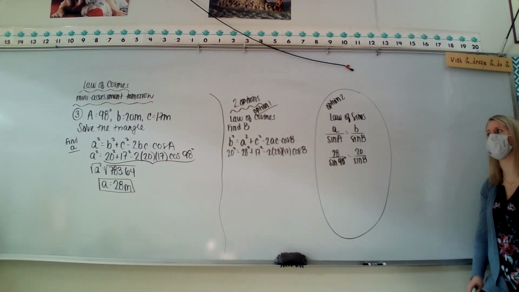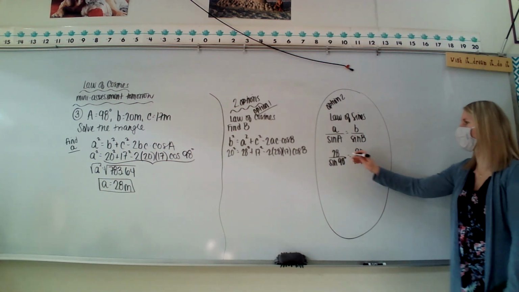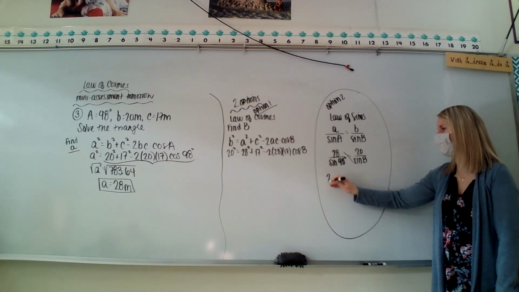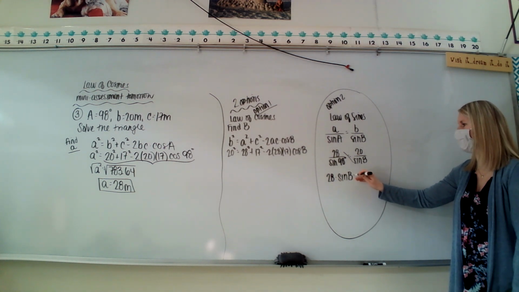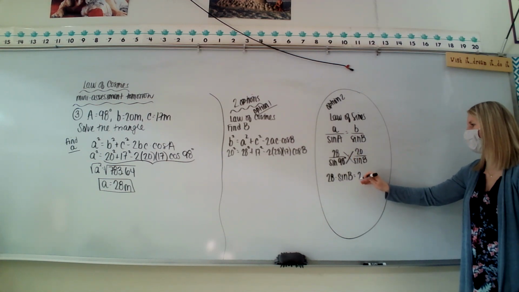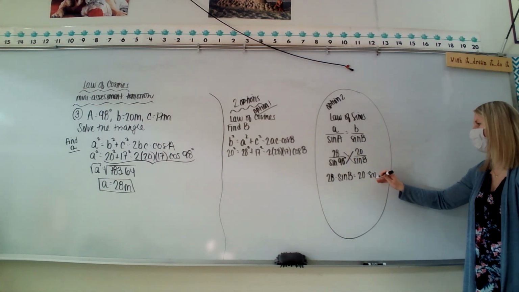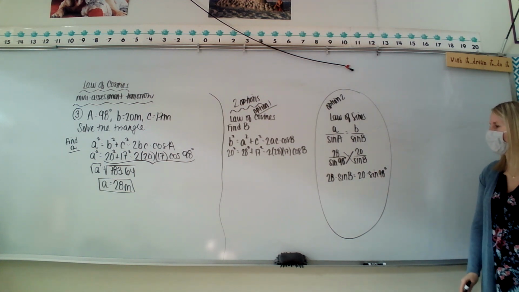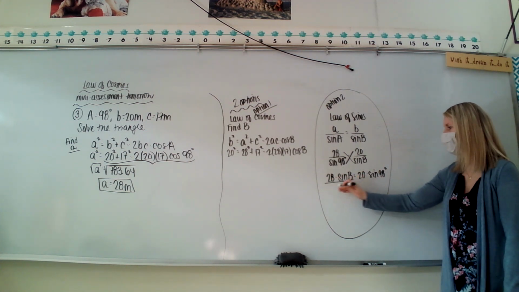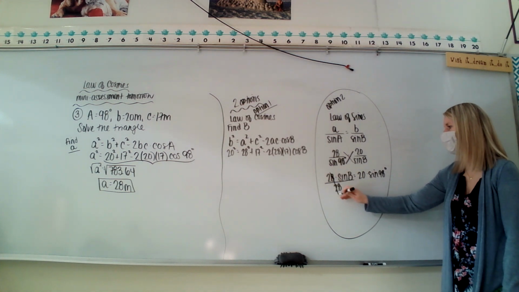I'm going to do law of sines though to find it, because I can just cross multiply. We got used to this previously. We did this first in this chapter, and then we started law of cosines. So when I cross multiply, and then I'm going to divide, because our main goal is to get that b by itself.